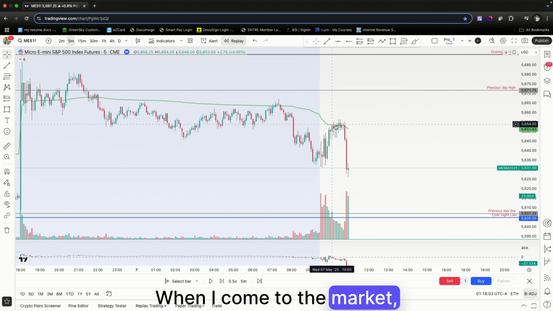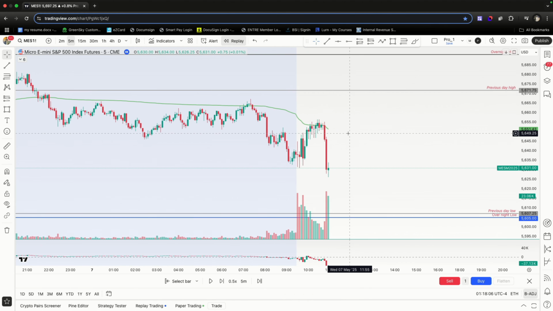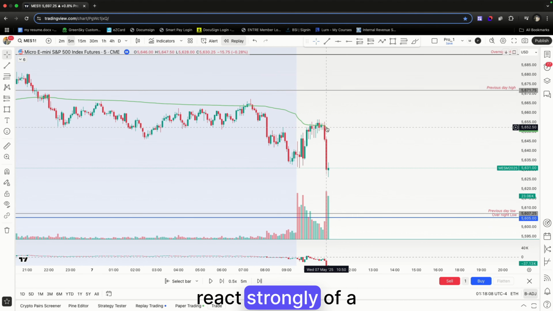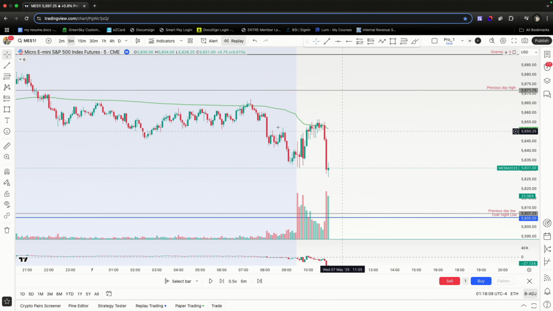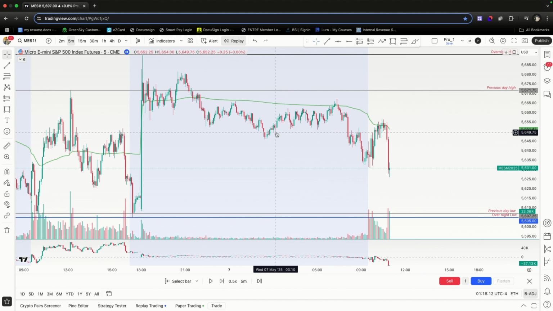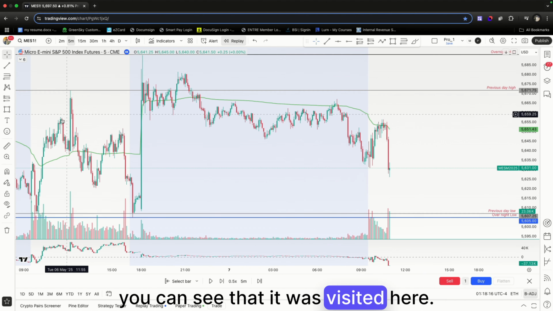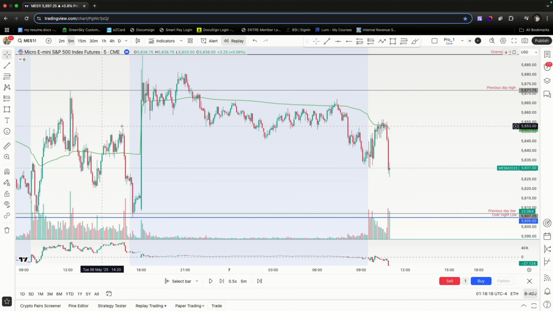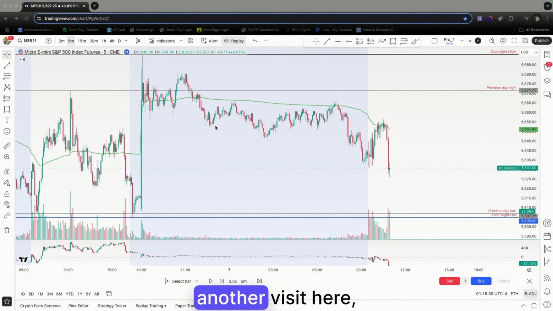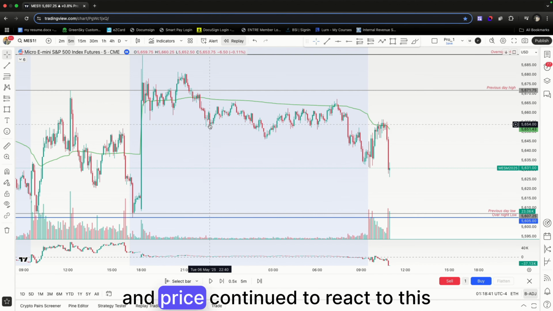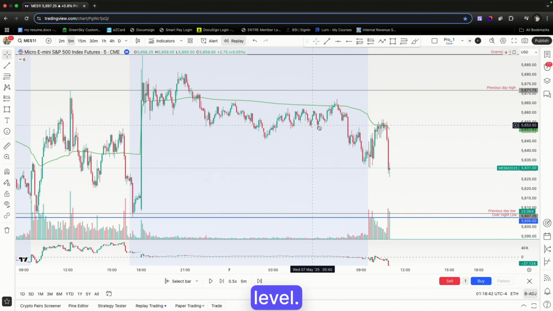When I come to the market, I'm looking to see price react strongly off a key level. Now, this right here, you can see that it was visited here. It was also somewhat visited here, right? And then we had another visit here, and price continued to react to this level.